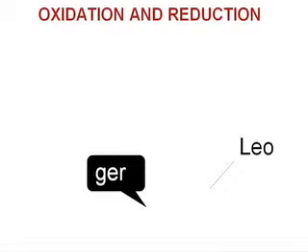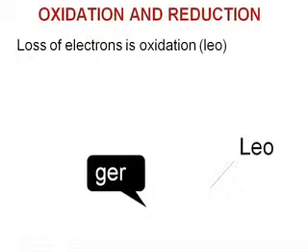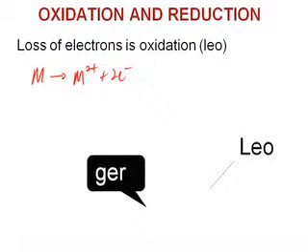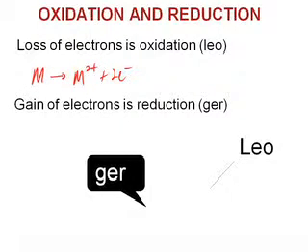So I'm going to give you a simple mnemonic. A mnemonic is a memory device to help you remember that loss of electrons is oxidation. So loss of electrons would be some metal. We use a metal M here. That's a generic metal. Of course, there's no metal M. Let's say that's oxidizing to form 2e-. Loss of electrons is oxidation. Gain of electrons is reduction.